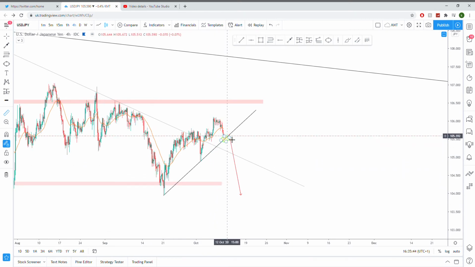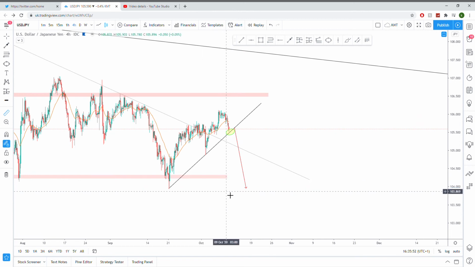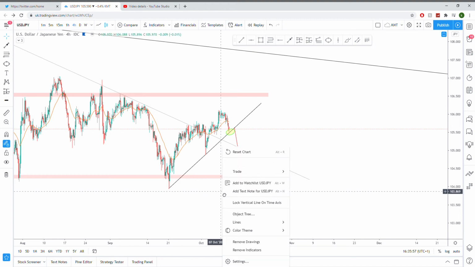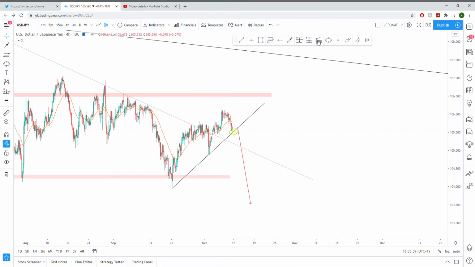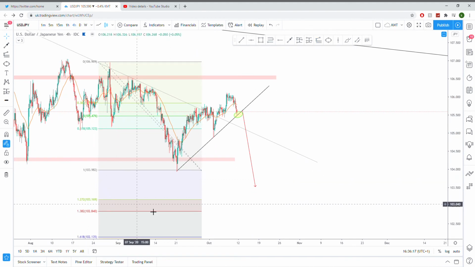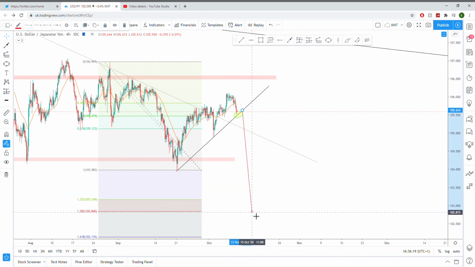So if you're able to take a short here, and if price presents a nice opportunity, I would highly recommend you take that, and it could even drop further. Again, I am looking at around 103.5. Actually, let's see if we can draw a possible target now. Hold on. If we look at this one here, I would be inclined to look at a 1.382 move here.